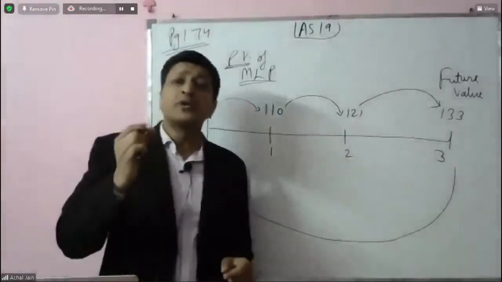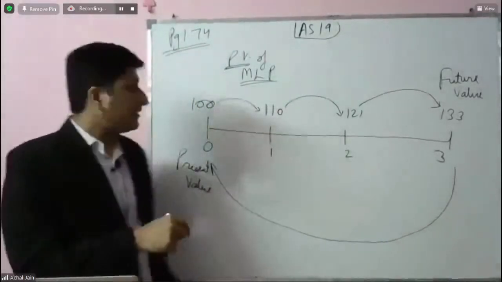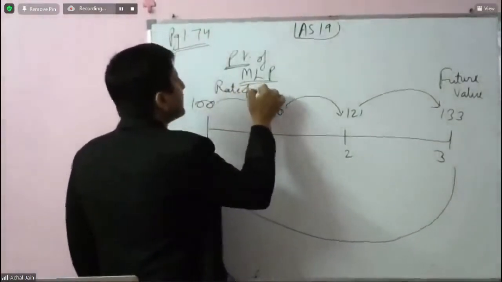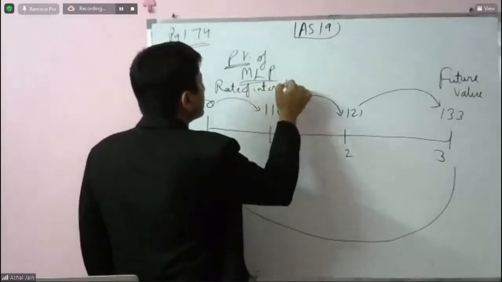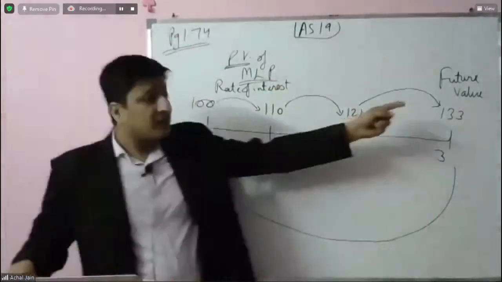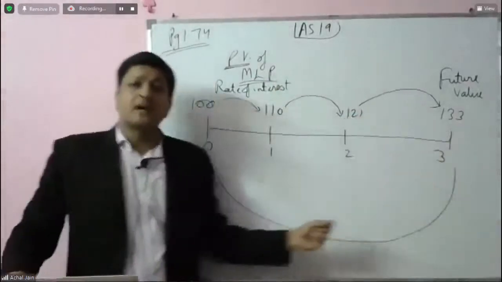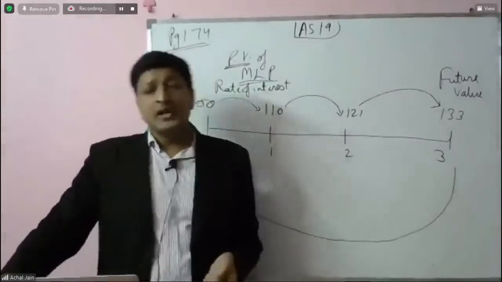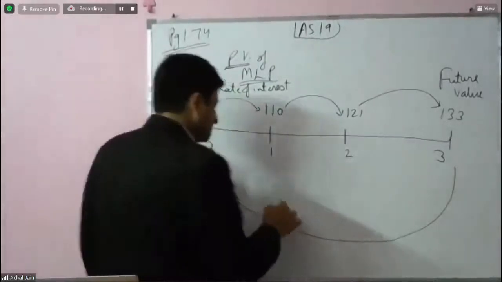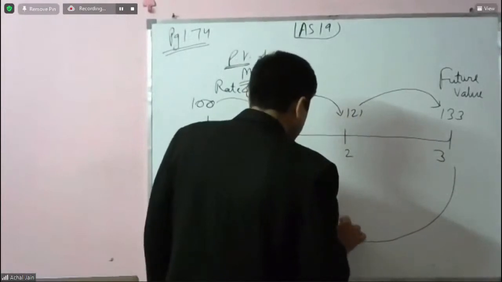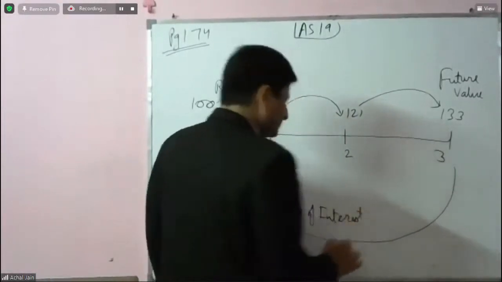Now for computing the future value, what do we need? We need rate. Rate of interest. Correct? Similarly, for moving it back or bringing the future value to its present value, here again, what do we need? The rate of interest. Yes or no?